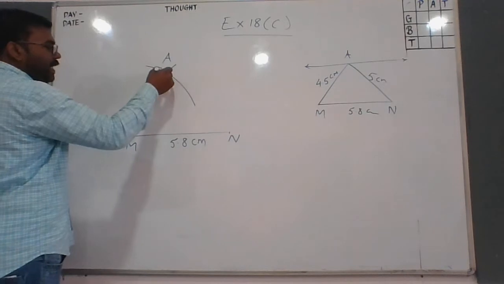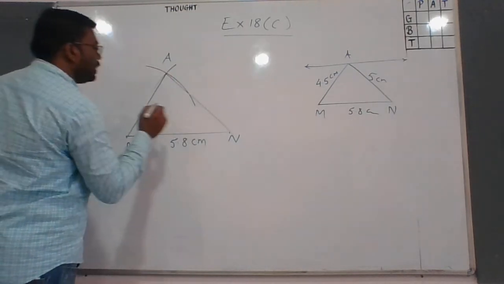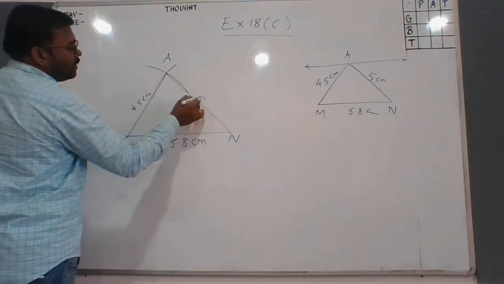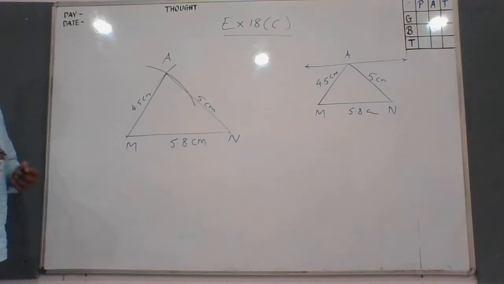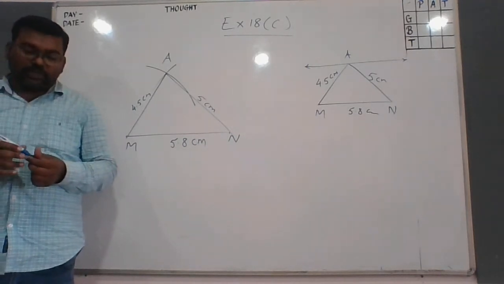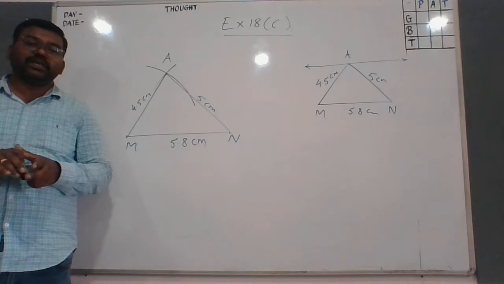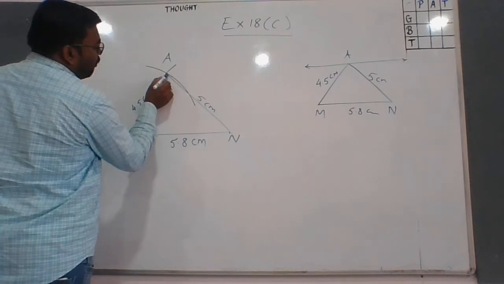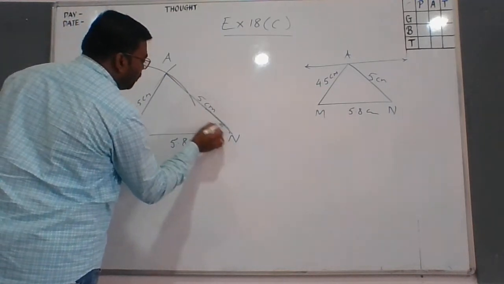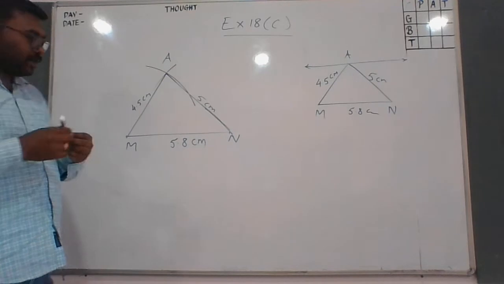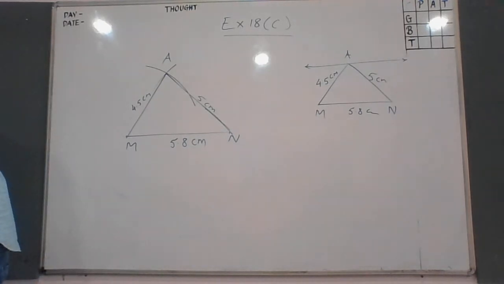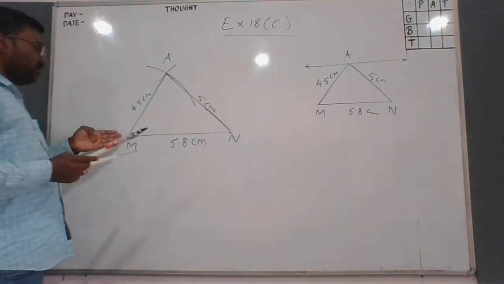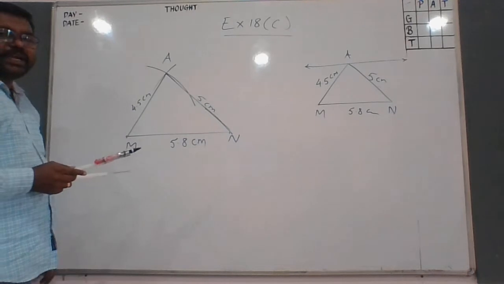Then let us join this AM and join this AN. This is 4.5 centimeter and this is 5 centimeter. Okay. Now what we need to do? We want to construct the parallel line which will pass through the point A. For that, what is the procedure now? As we have done earlier, put the pointer on N, or also we can put the pointer on M. Any one of the sides we can select.